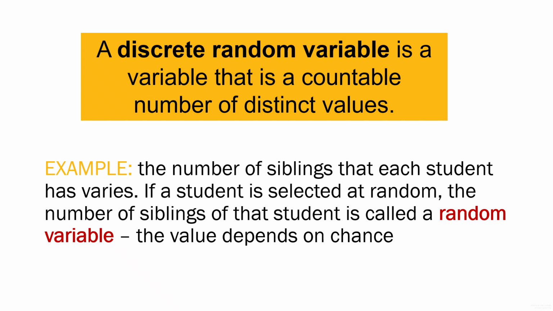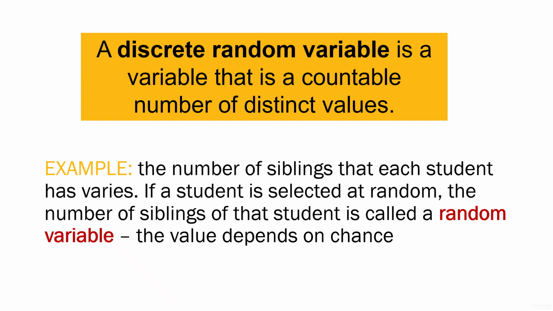The official definition states that a discrete random variable is a random variable whose possible values can be listed. In particular, a random variable with only a finite number of possible values is a discrete random variable. So again, just simplifying it, a discrete random variable usually involves a count of something.